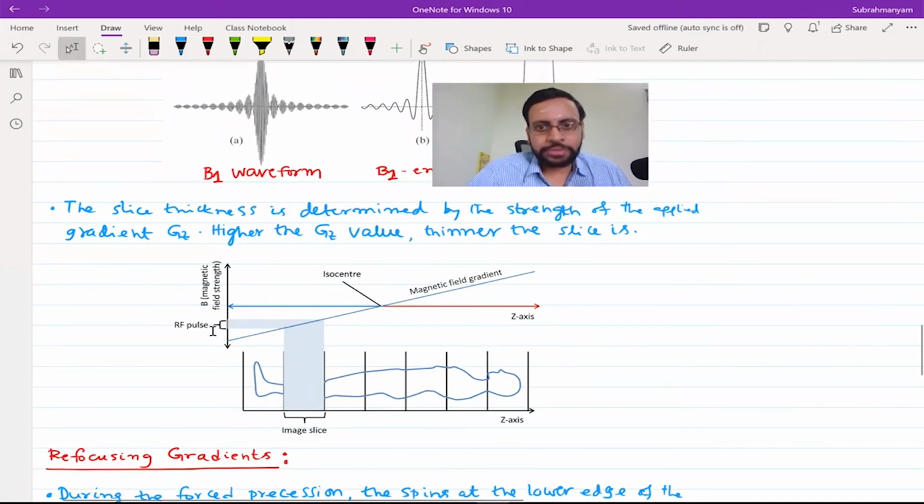Okay, so what is happening here: depending on your RF pulse, you know at which frequency you would be getting a response. Depending on the frequency of the RF pulse, you will know the omega value, and depending on the shape of your RF pulse, you will know the bandwidth of it.